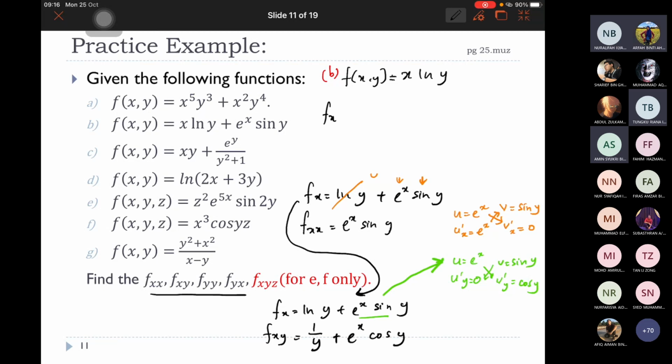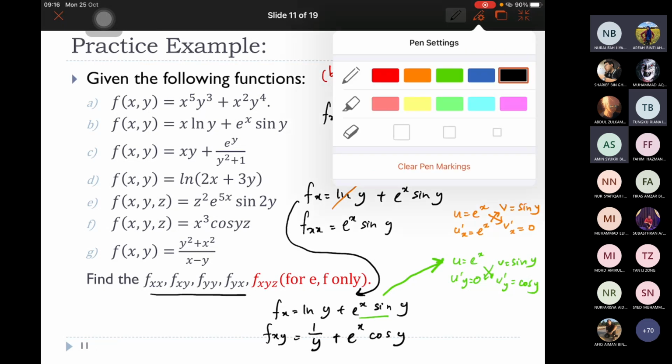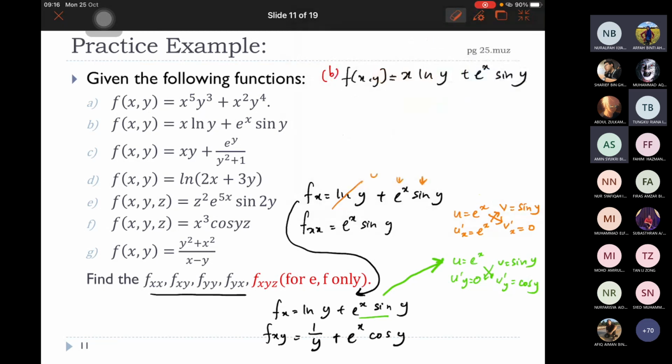So those who have finished, cuba dapatkan fyy, fyx, fxy. Okay, boleh. Okay, fxyz tadi. So x ln y plus exponential x sin y. So from here, we want to find fy and then fyy.